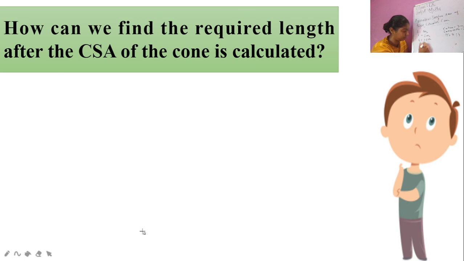Curved surface area is pi r l, 3.14 multiplied by 6 and 10. Do it. So do you get this type of answer? Curved surface area, right? Now students, we will proceed to the next step of calculating the length after calculating the curved surface area. So we get this many meter square.